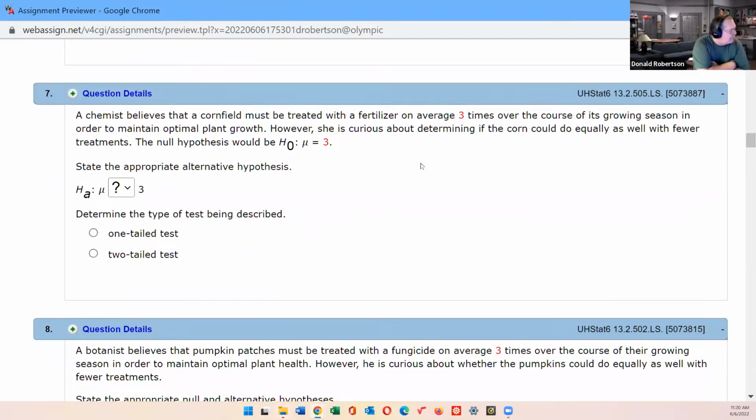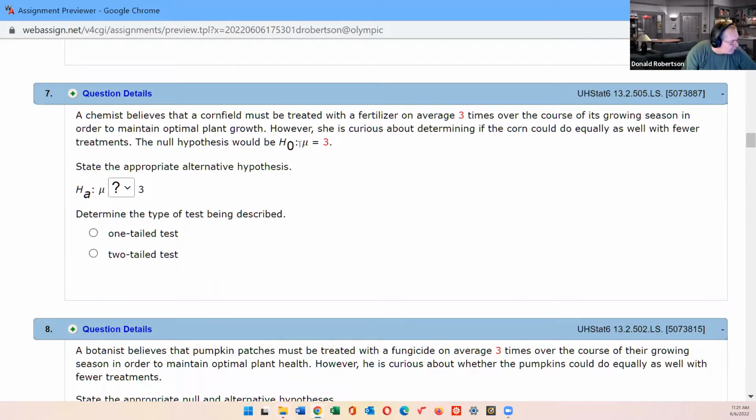Now, a chemist believes that a cornfield must be treated with a fertilizer on average 3 times over the course of its growing season in order to get optimal plant growth. But she's curious about determining if the corn could be doing equally well with fewer treatments.